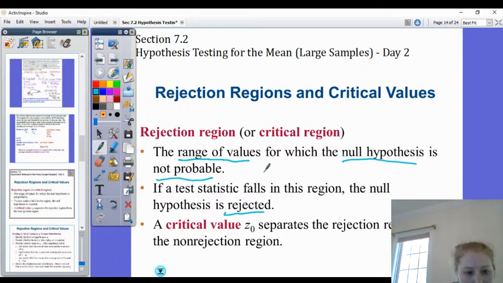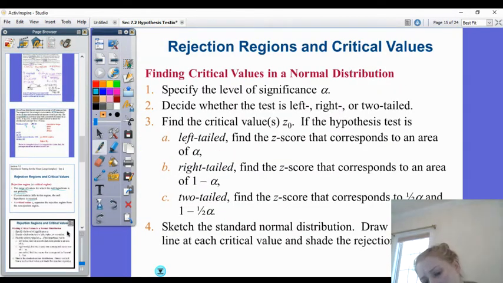Okay, so let's go through some steps here. The first thing you need to do is specify the level of significance. Remember, we usually use 10%, 5%, or 1%, corresponding to alpha values of 0.1, 0.05, or 0.01.